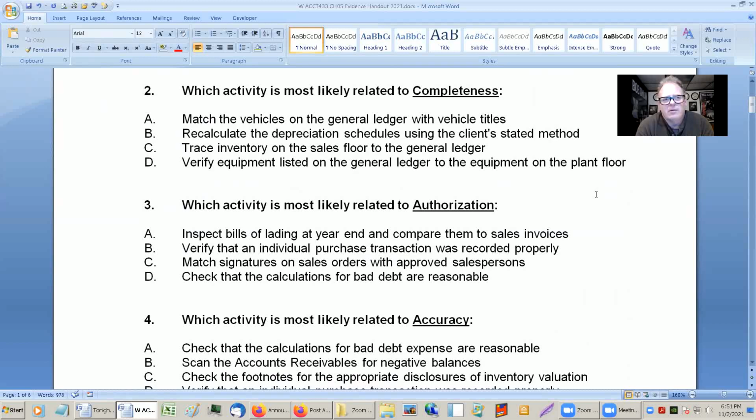Is it A? No, that's not a bad one, though. It just has to do with assets that you're trying to verify to see if they have it in there. Is it C? Yep.